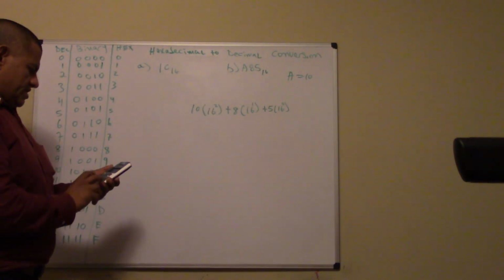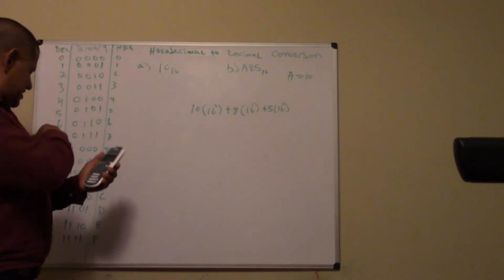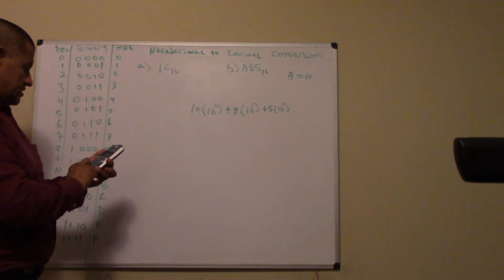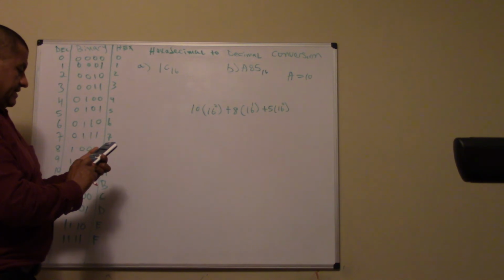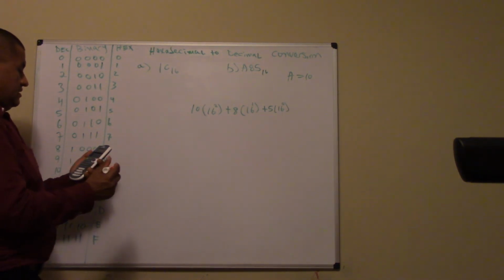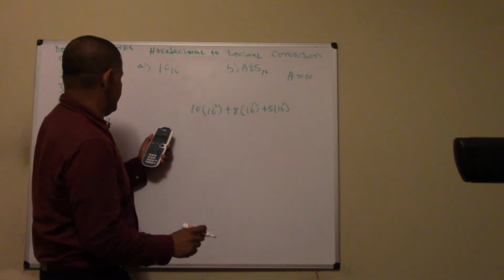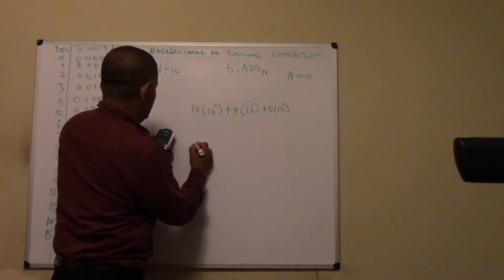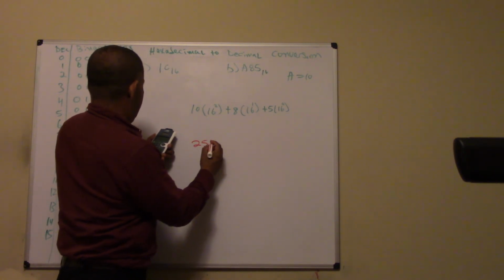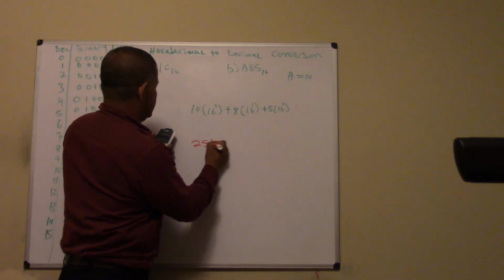Okay, so this one here, let's do this. So 16 squared times 10. 16 squared times 10, that is 2560, right?